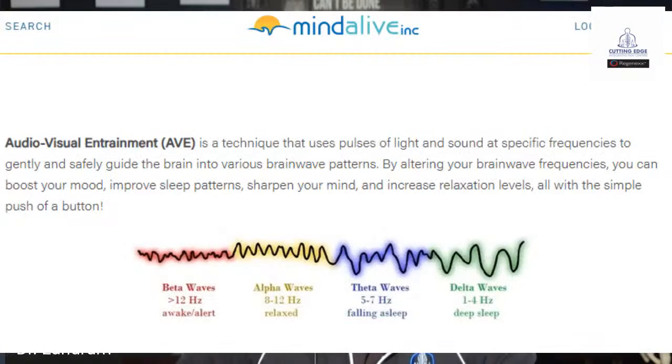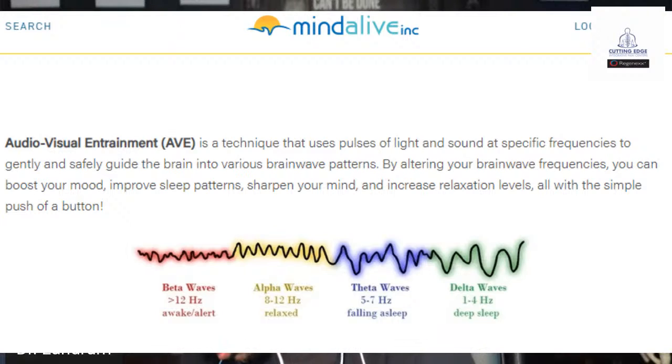When we look at AVE, it's using pulses of light and sounds at specific frequencies to gently and safely guide the brain into various brain wave patterns, right? By altering your brain wave frequencies, you can boost your mood, improve sleep patterns, sharpen your mind, and increase relaxation levels, all with a simple push of a button.